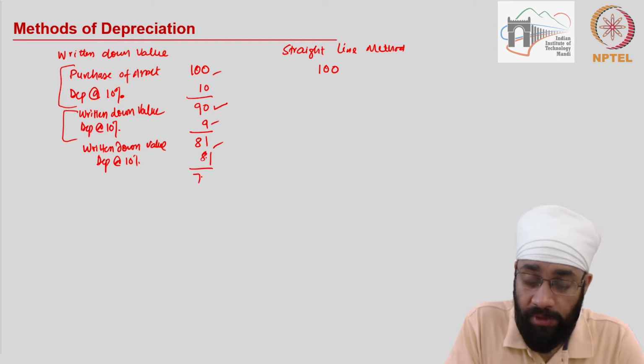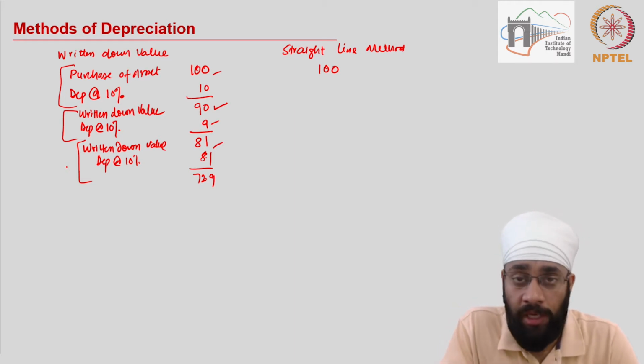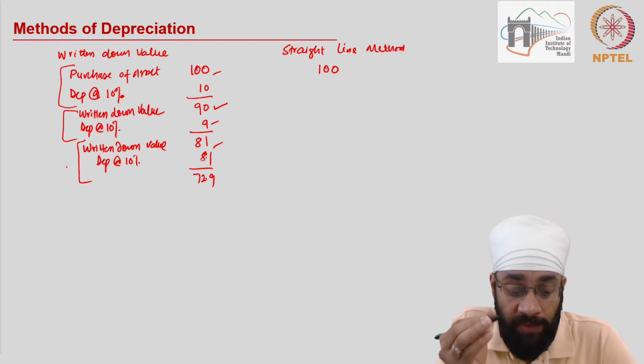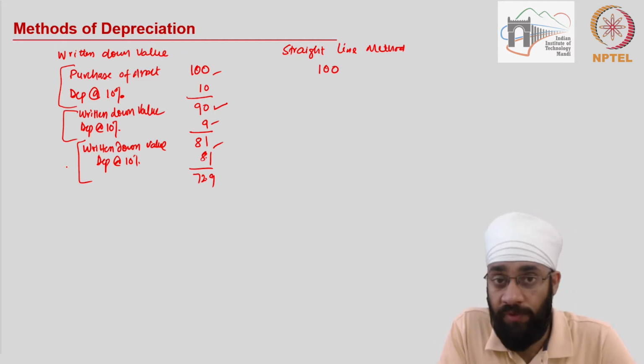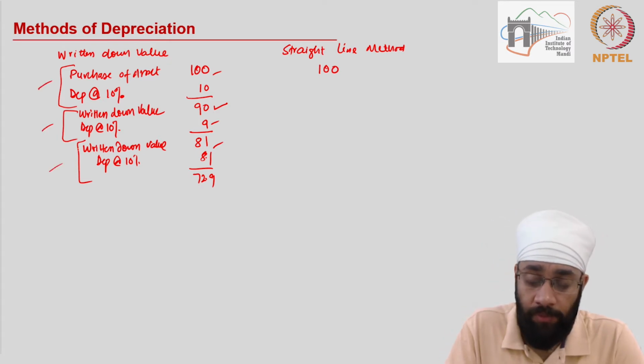So 8.1, 72.9 becomes your written down value. So this is called written down value method. You look at the value of the asset at the beginning of the accounting period that you are considering. This is a written down value method.